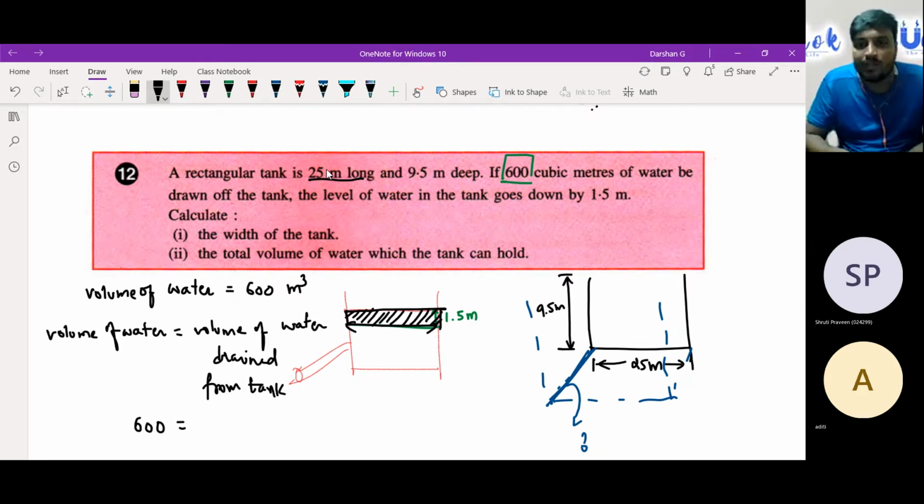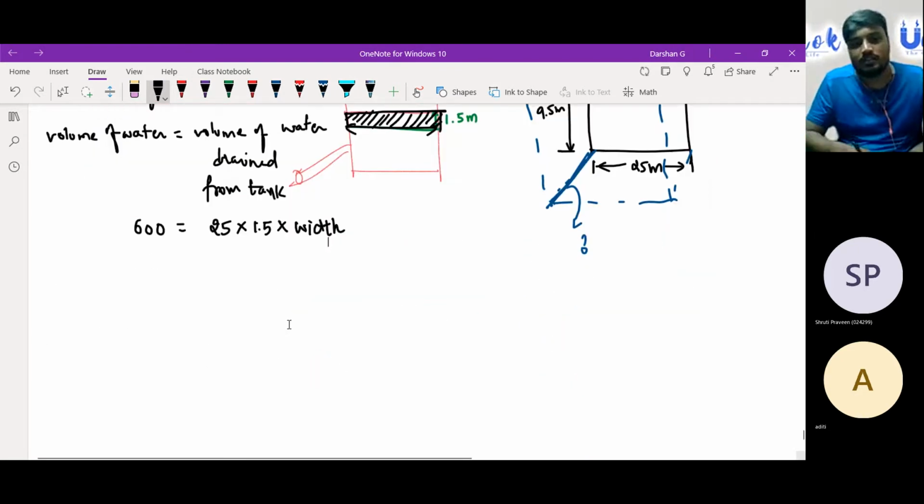We know it is 25 meters long. We know how much it has drained: it is only 1.5 meters, into the width. So width is equal to 600 divided by 25 times 1.5.